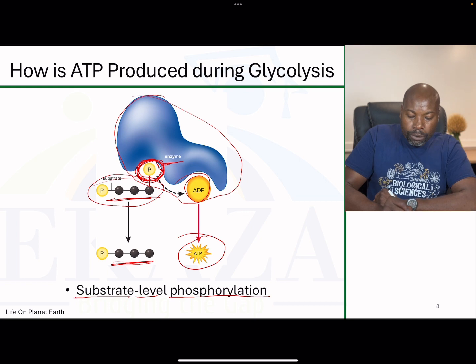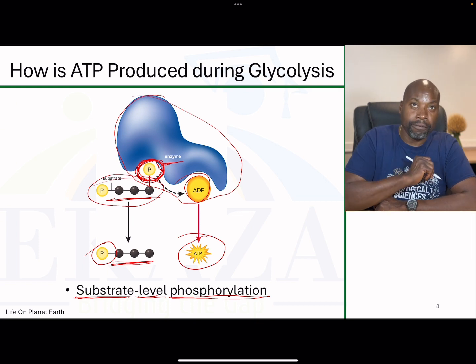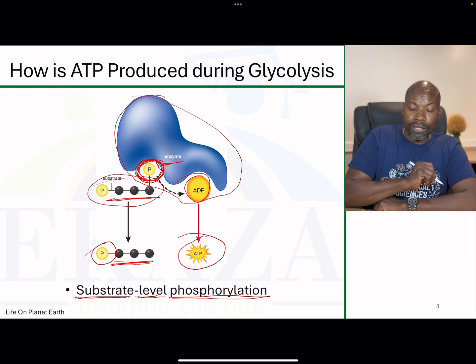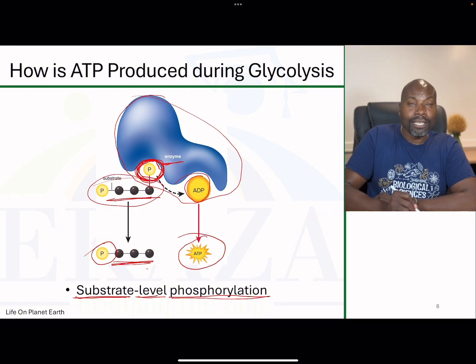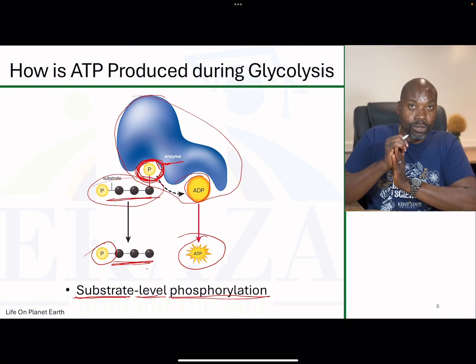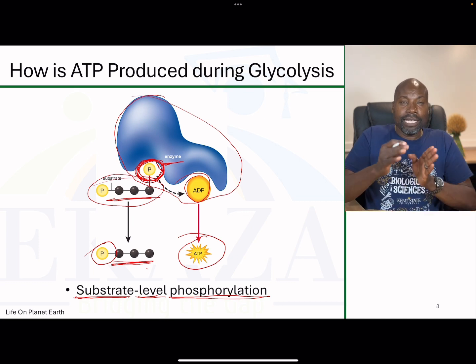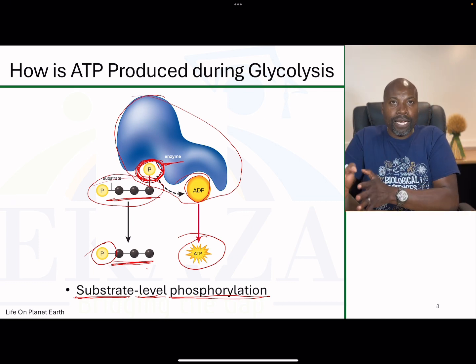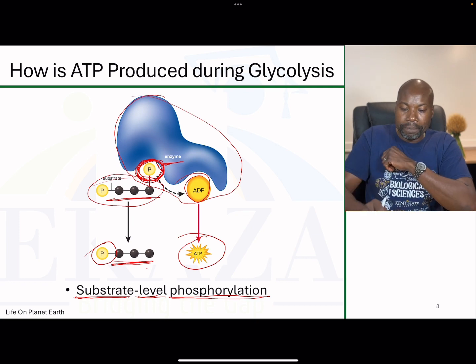Using substrate level phosphorylation, again, this phosphate is also going to be stripped off so that at the end of the day, you're going to have pyruvate with another ATP that is produced, right? This is substrate level phosphorylation. I want you to remember that.